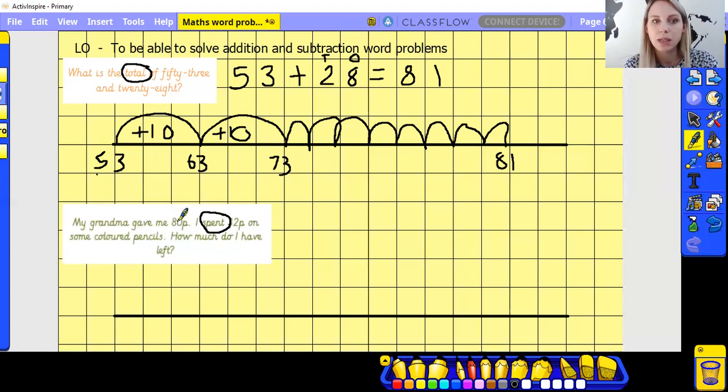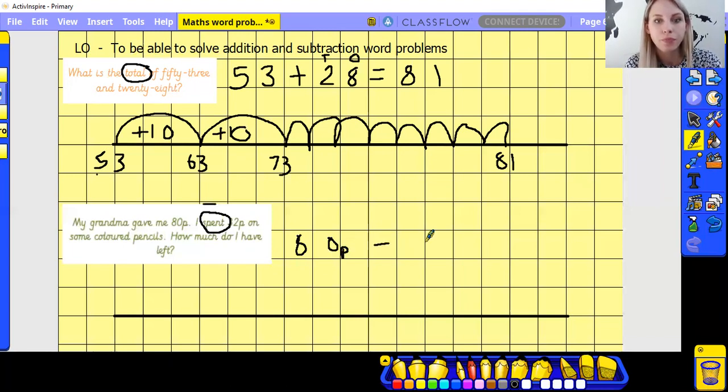So my number sentence is 80. Spent means take away. So 80p take away 32p. I'll write down my number sentence so I don't forget it. 80, not going to forget to write p because I need to say what unit I've got.